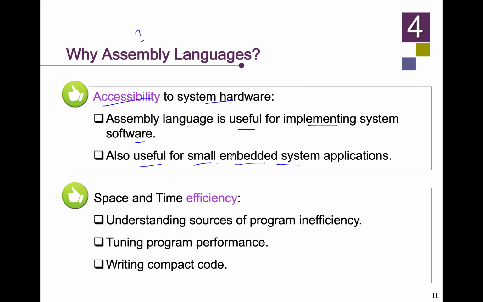If you want to create a small program, it is useful to use assembly language. And space and time efficiency. Why? The understanding of your source code is much easier. So program inventions, tuning the program performance, writing compact code. So these are the advantages of assembly language.